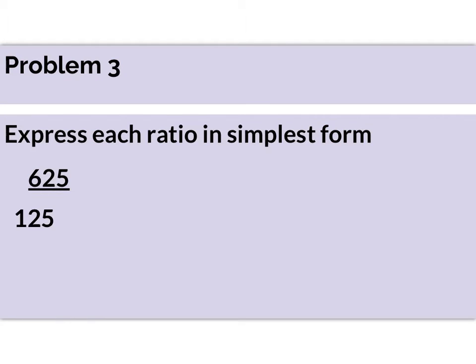In our final problem, 625 over 125. Express each ratio in simplest form. What you could do, if you were thinking, is divide 625 by 125, because the line in a fraction means divide.